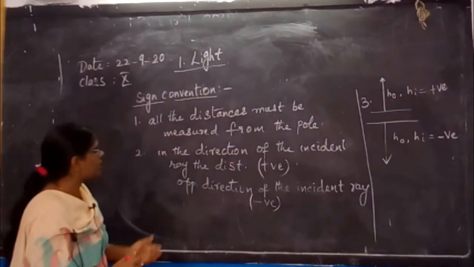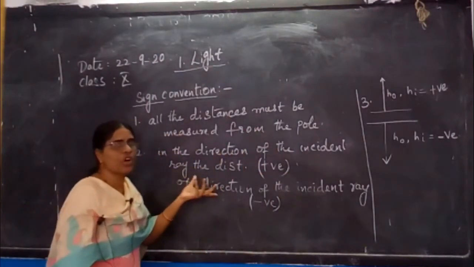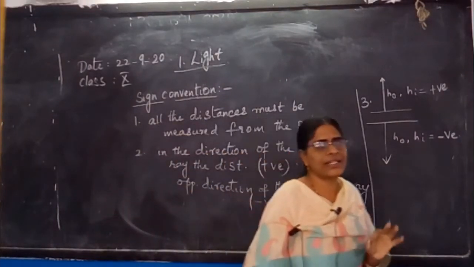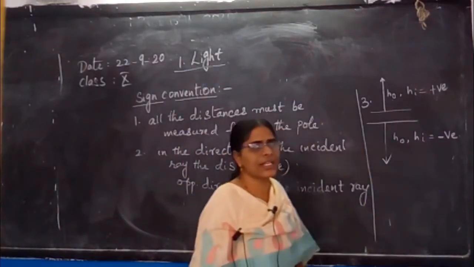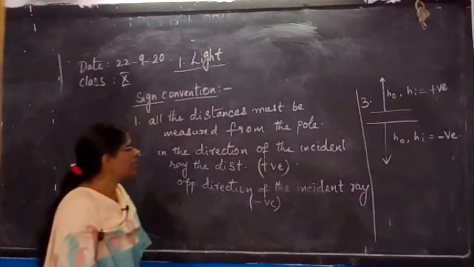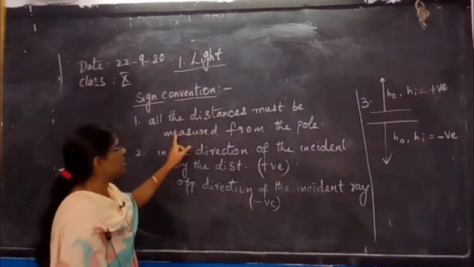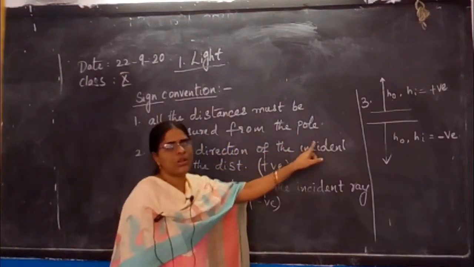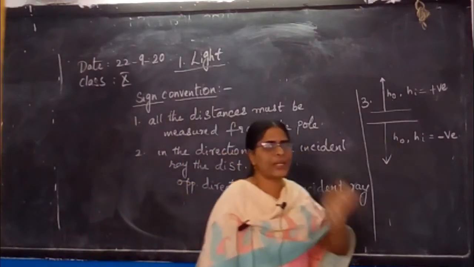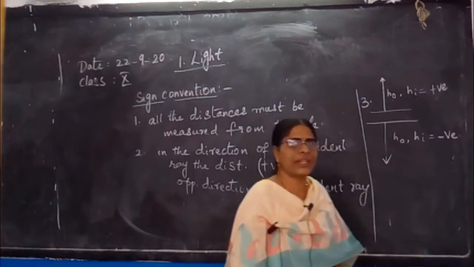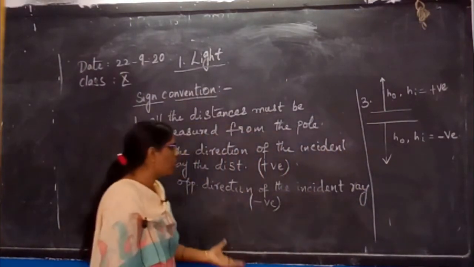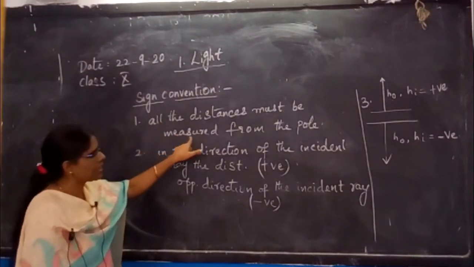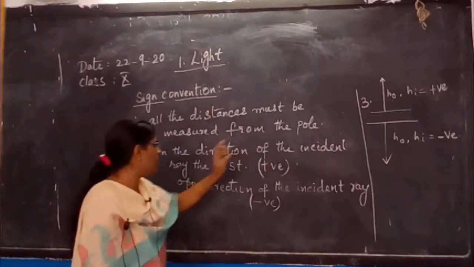These are the rules we need to follow in order to solve light diagram as well as ray diagram problems. All the distances must be measured from the pole. What is the pole? The midpoint of any mirror is called the pole.